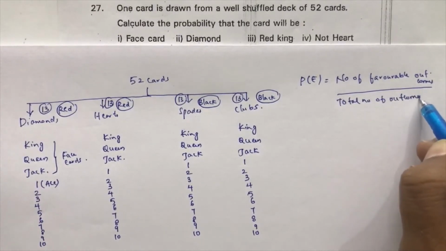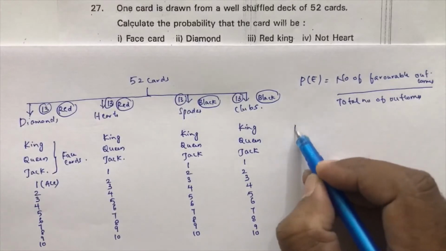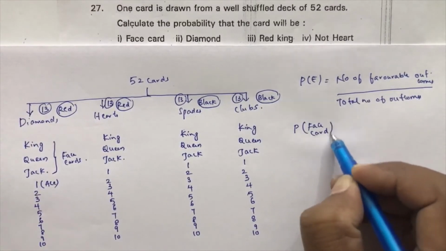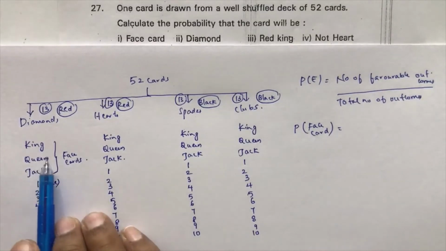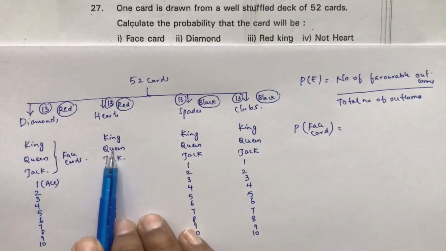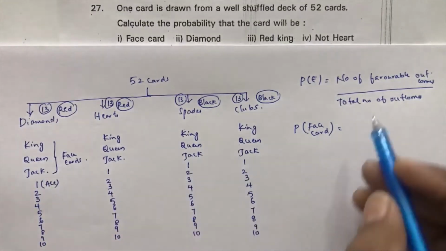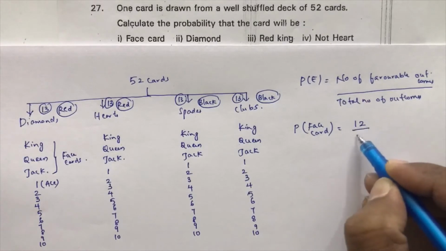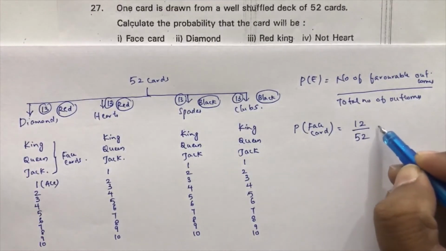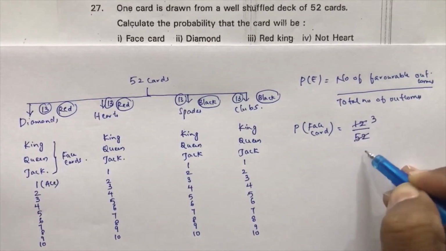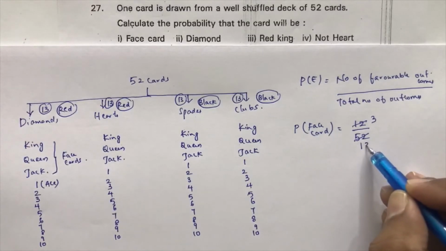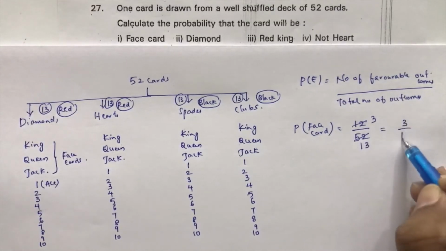In this problem the total number of outcomes is 52. The probability of getting a face card: they didn't mention any color, so all the face cards, 3 plus 3 plus 3 plus 3, is 12 face cards out of 52. In simplest form, 4 times 3 over 4 times 13, it is 3 by 13.